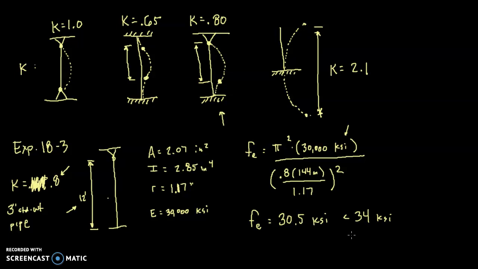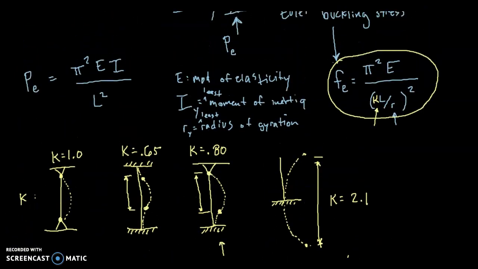Now the question asked not for the allowable stress or the Euler stress, but the Euler load, the critical load that will cause buckling to occur. So I could go up here and use this equation, that P sub E is equal to pi squared EI over L squared.